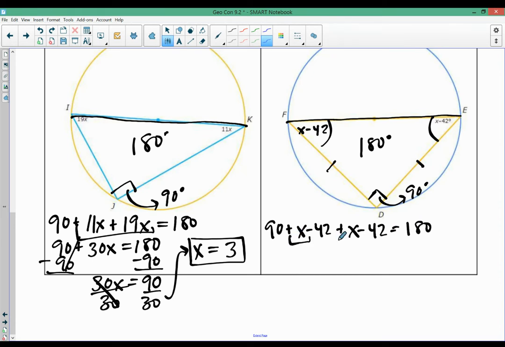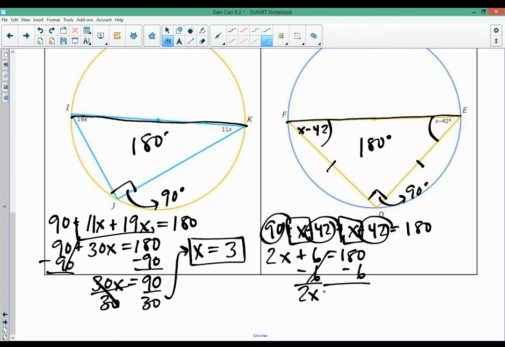I can combine my x's, so that's 2x. Combine these: 90 minus 42 minus 42 is 6. 2x plus 6 equals 180.